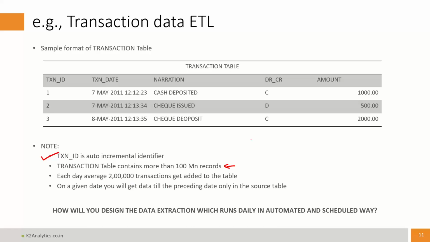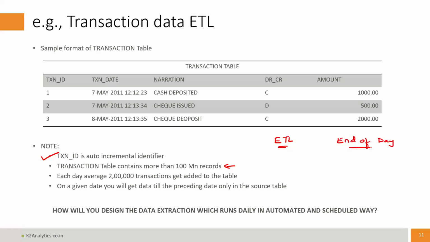And typically the ETL in the banks, and not just banks, as I mentioned, ETL happens for most of the companies, most of the industries. ETL happens as an end of day process.